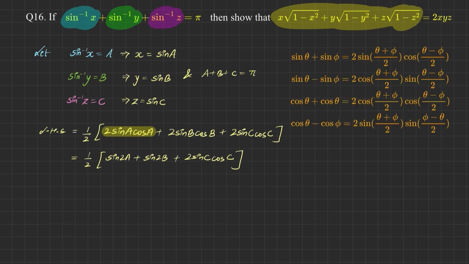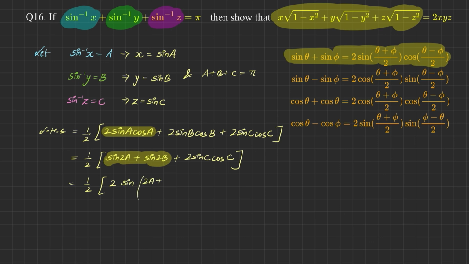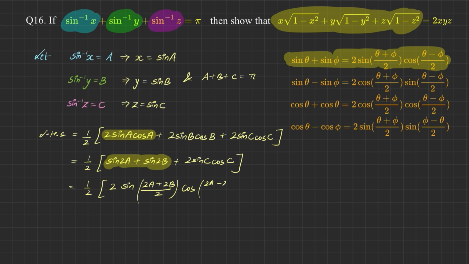Okay, so now here this is in the form of sine theta plus sine phi. So for that I'll be using the formula which I have written already here. So it will be equal to half 2 sine theta plus phi by 2 cos theta minus phi over 2 plus 2 sine c cos c.